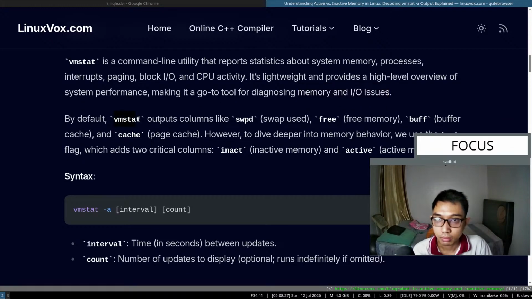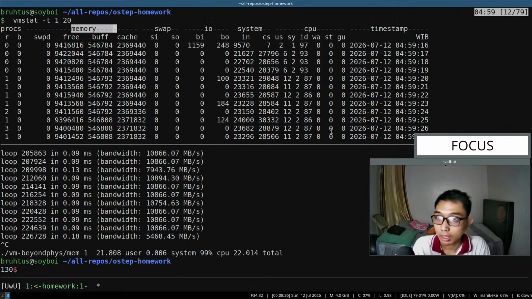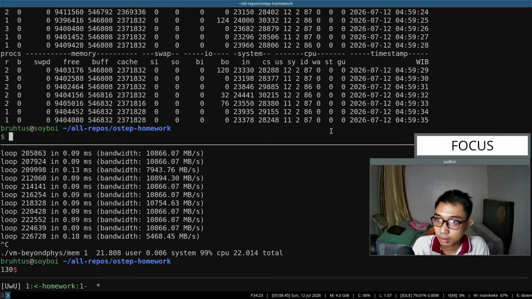By default, vmstat outputs columns like SWPD, the swap used. In my case, we didn't use swap at all, I guess. Okay.